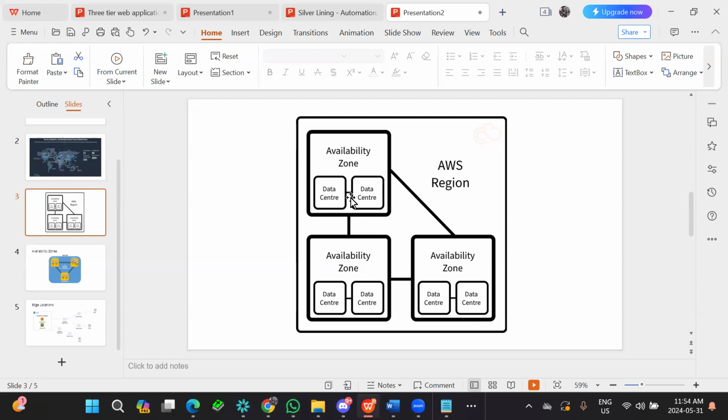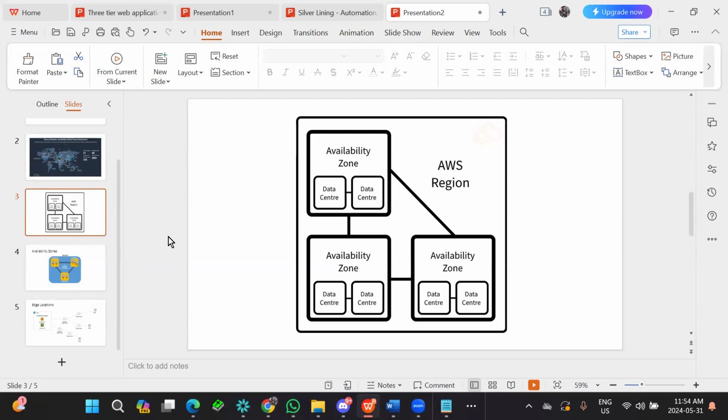This setup ensures that if an entire region becomes unavailable, the application can continue running in another region. Also, regions can serve as backup locations for data, ensuring that critical information is not lost in case of a catastrophic failure in one region.